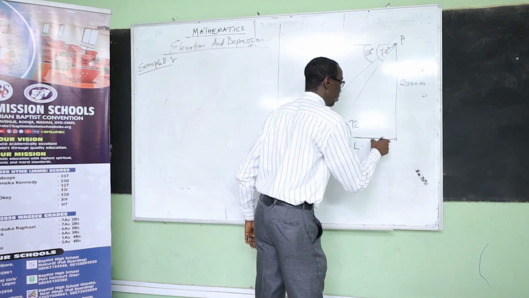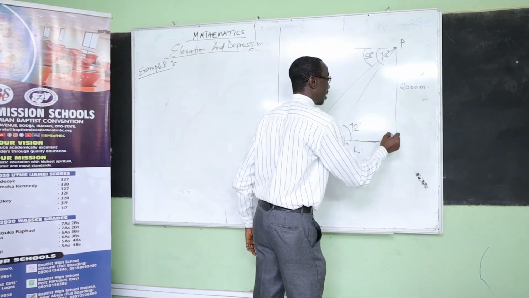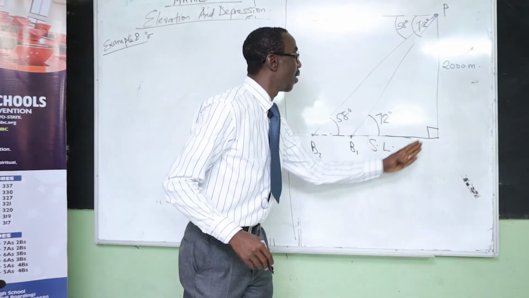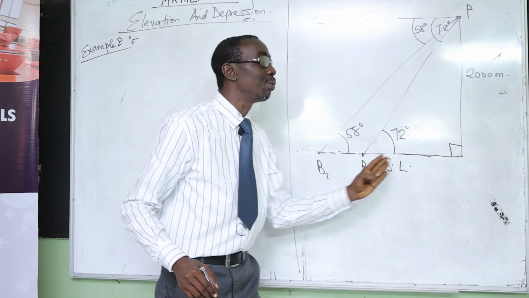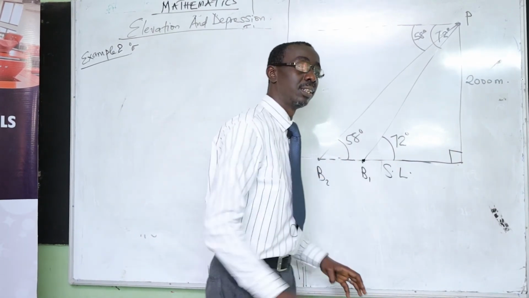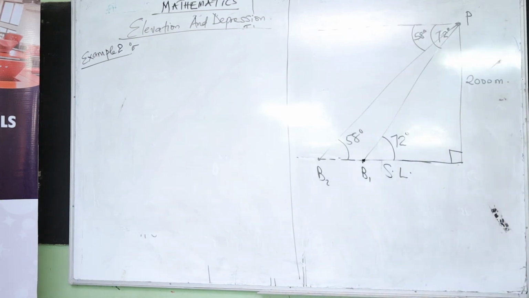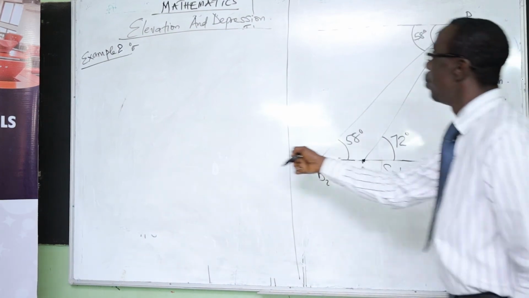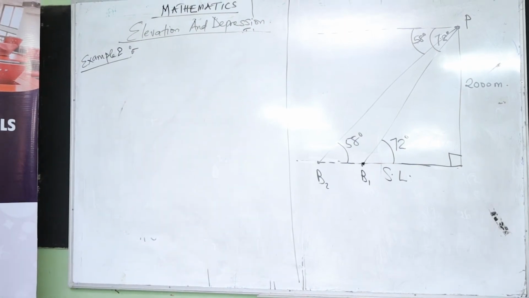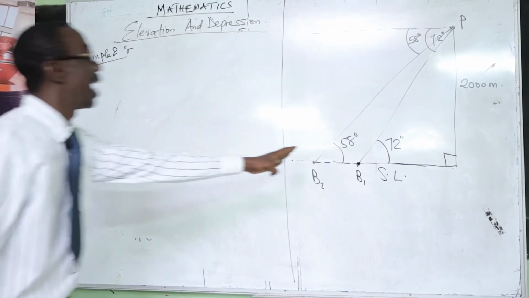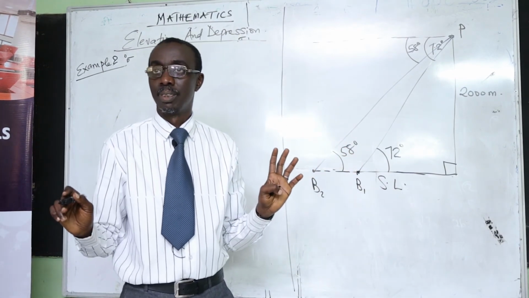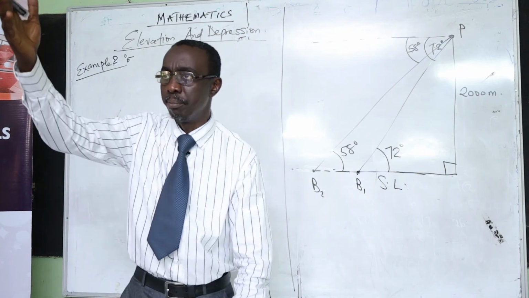Naturally, I've also said to us sometime ago that as angles shift position, as we move close to angle 90, the angles will be what? Increasing. As the angles move away from angle 90, the angle should be what? Decreasing. And this diagram has actually obeyed that law. So we can continue.